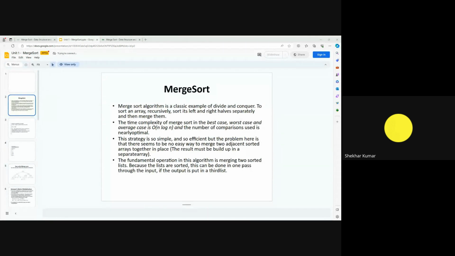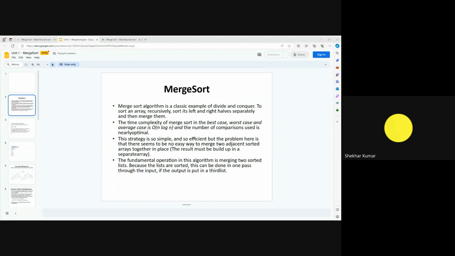Next is the conquer part. In the conquer part, we solve each subproblem recursively. You can also say that we sort both subarrays using recursion by calling the function on itself again and again. During this process, we don't think about the solution of the problem, because recursion will already do it.